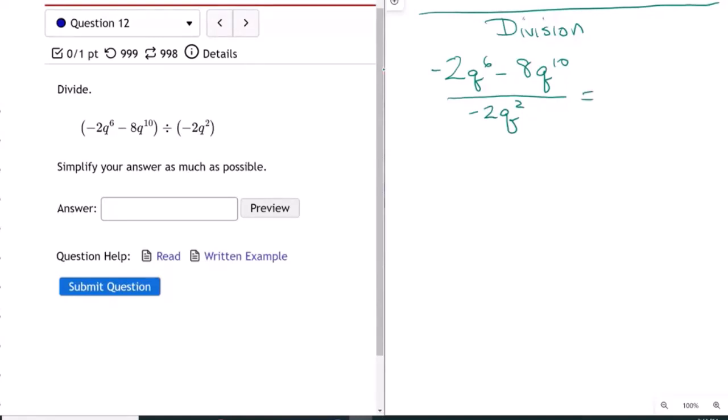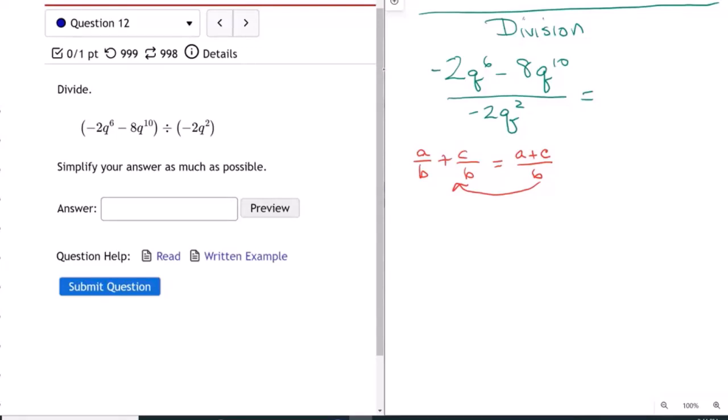Now remember how fractions work. If I have a over b plus c over b, since they have a common denominator, I can add them together, right? Yes. I'm going to go this way. I have two terms over some number, and I'm going to split them up.